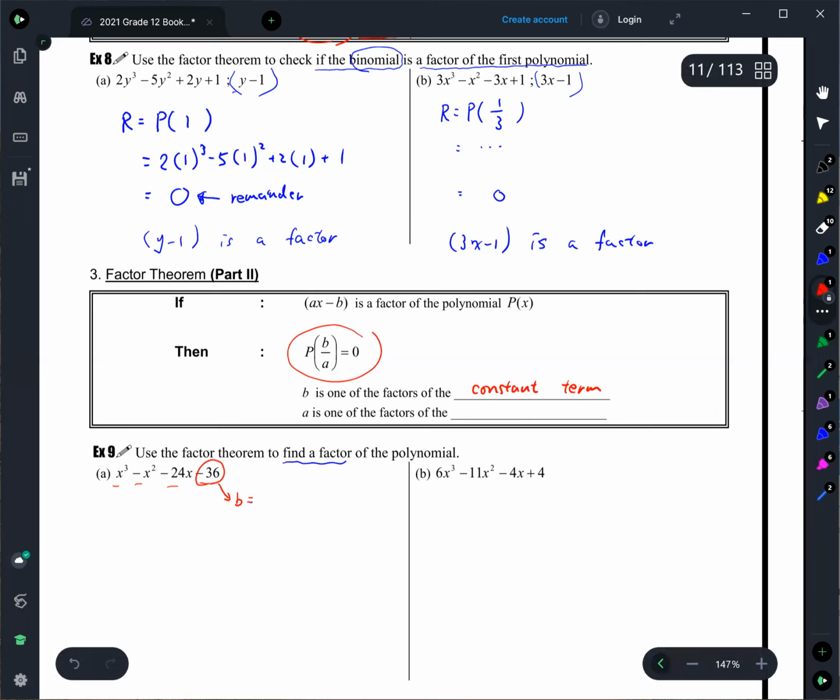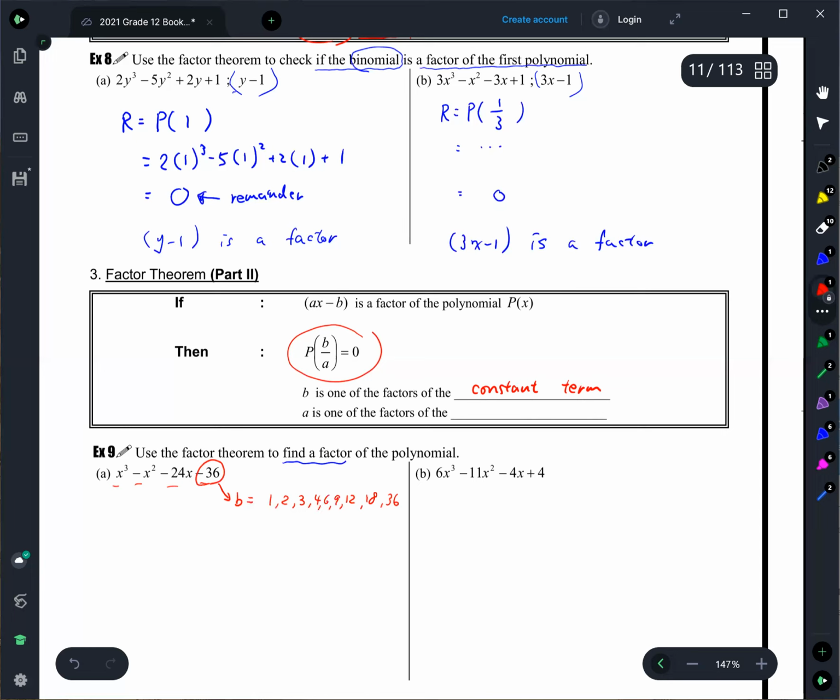So b could be 1 or 36, because 1 times 36 makes 36. 2 and 18. 3 times 12 can make 36. 4 and 9.